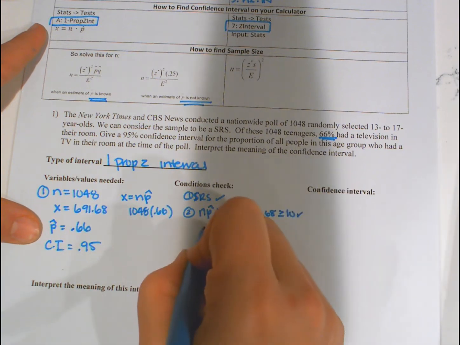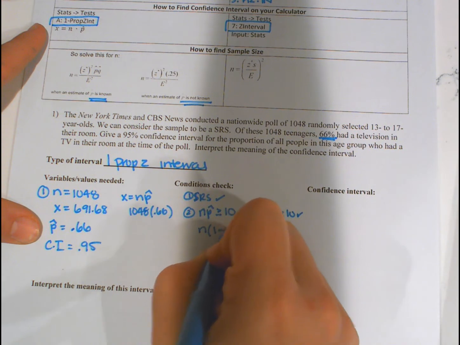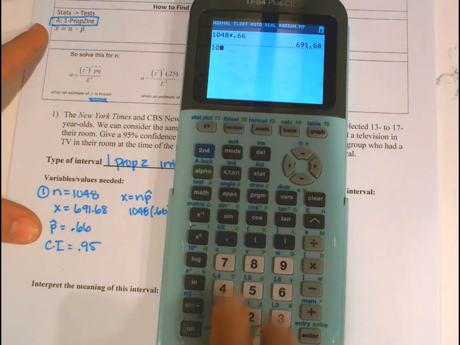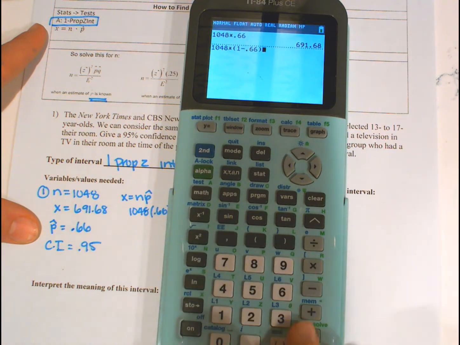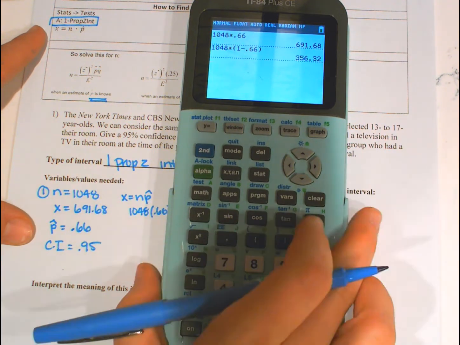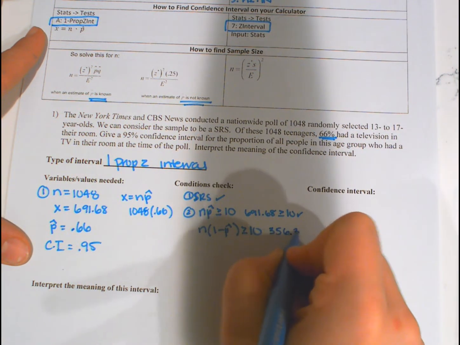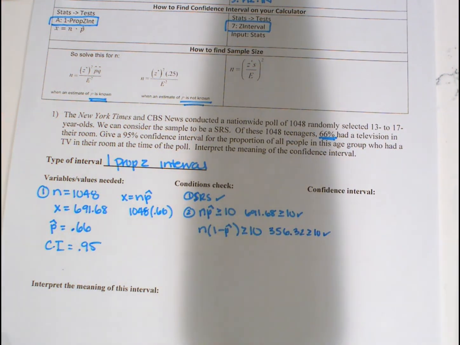And then we have to check, is n times 1 minus p greater than or equal to 10? So if I do that, 1,048 times 1 minus 0.66, I get 356.32, which is also greater than or equal to 10.